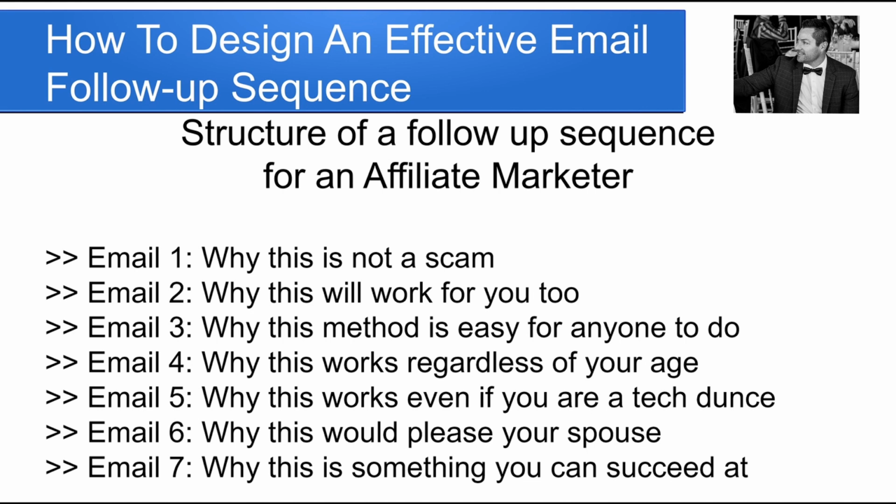You're just taking the objections and you're saying why this is not a scam, why this will work for you too, why this method is easy for anyone to do, why this works regardless of your age, why this works even if you are a tech dunce, why this would please your spouse, why this is something you can succeed at. So as long as they get, read and see your emails, the chances of you making sales from your leads is going to go up like you wouldn't believe.